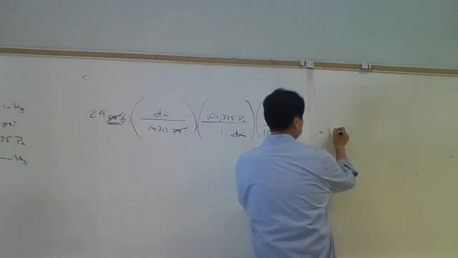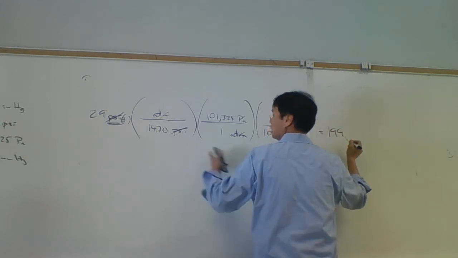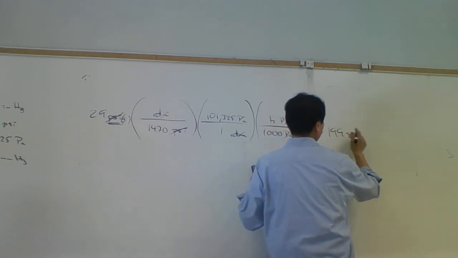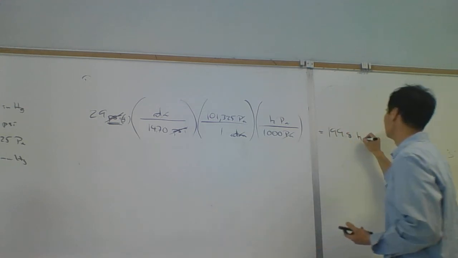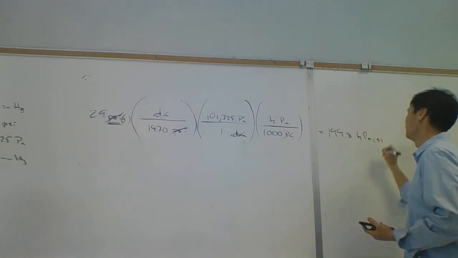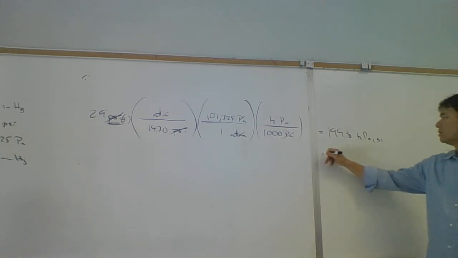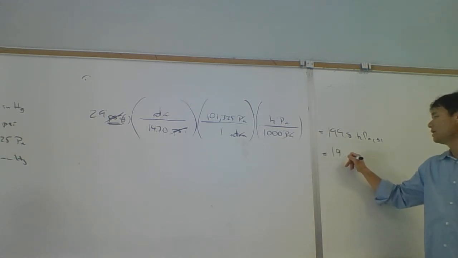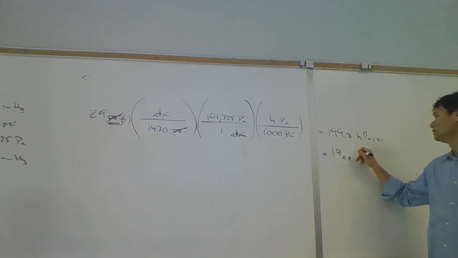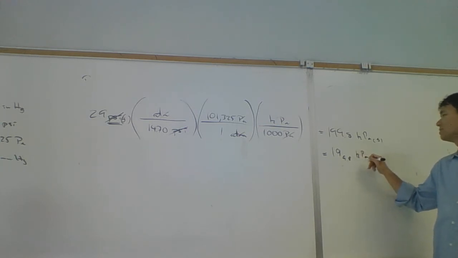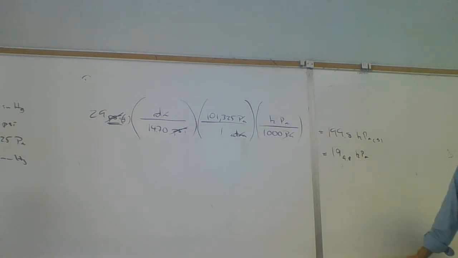I get 199.8. Now, how many sig figs am I allowed? This is kilopascals gauge. I'm only allowed 2 sig figs, so this is really 199.8 kilopascals. I'll carry 2 extra digits. Avoid round off here or there.